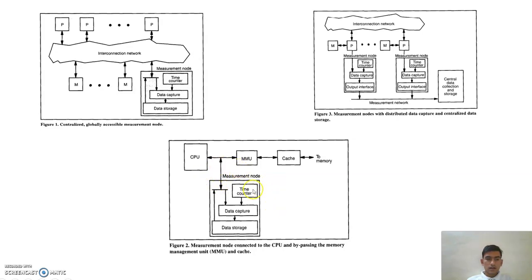So this is how measurements are done in the processor. This is a CPU connected to a measurement node through cache memory to the memory. Figure 3 shows the measurement nodes with distributed data capture and centralized data storage.